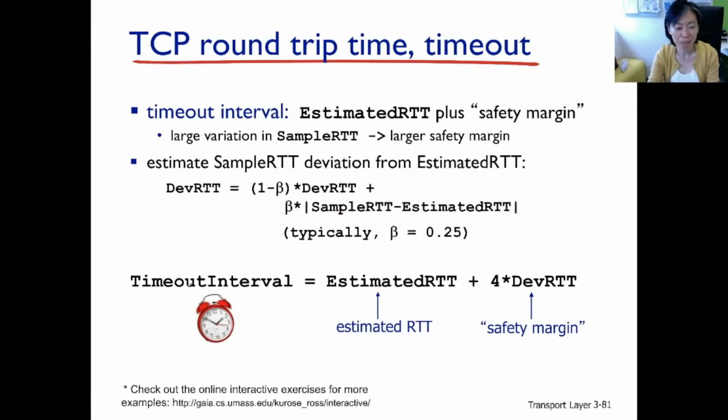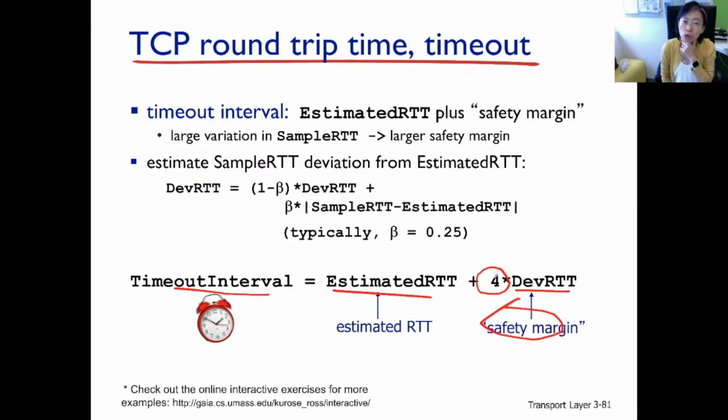And now finally, the timeout interval. It is the estimated round trip time plus the safety margin, which is determined by the deviation of round-trip time. Now, as to why 4 times the deviation of round-trip time, the original designers of TCP don't usually talk about this. The 4 could be a result of repeated experiments, but I guess it could also be because they assumed the sample RTT distribution to be normal. If you recall back in Statistics 101, a normal distribution is such that if you plot the histogram of the sample, you see a bell shape.